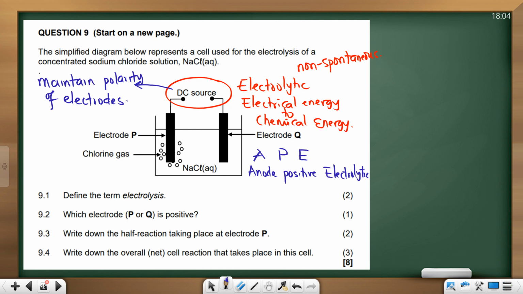Okay, and what happens at the anode? Oxidation.